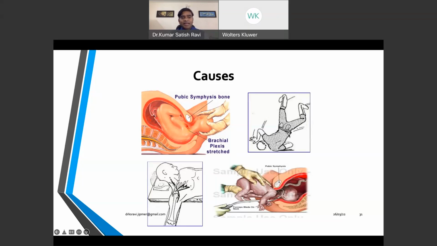There may be nerve root avulsion from the cord involving C5 and C6, and the affected nerves in Erb's palsy are usually the axillary nerve, the musculocutaneous nerve, and the suprascapular nerve, whose root value is C5, C6. All these will cause paralysis of the deltoid, biceps, brachialis, brachioradialis, and supinator muscles. So all these are, you can see in this diagram, the various causes.